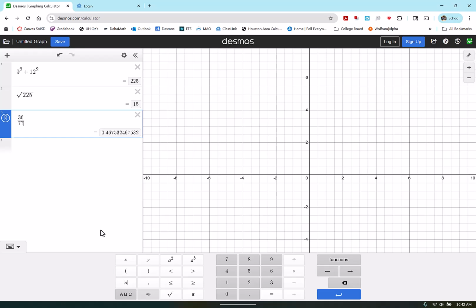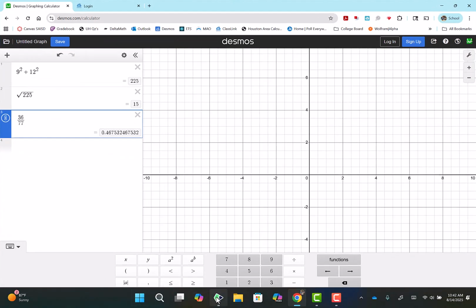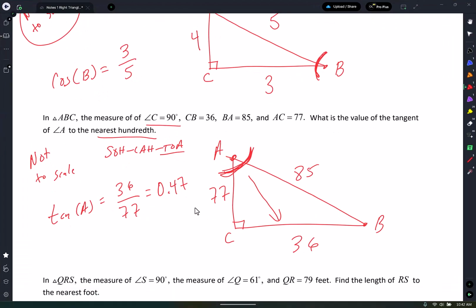Do you want it truncated or rounded? Truncated means like the digit immediately. 0.46 would have been truncated. Rounded, because I have a 7 to the right, that's 0.47. Do you remember that, Eric? Yes, math life, science life. So remember that word, truncated and rounded. So what did we give them? We gave it to them rounded. All right, there we go. That's nearest hundredths. Are we okay, guys?